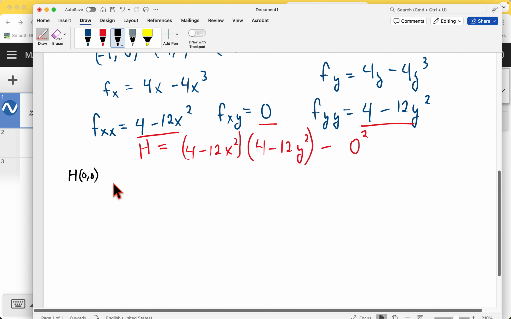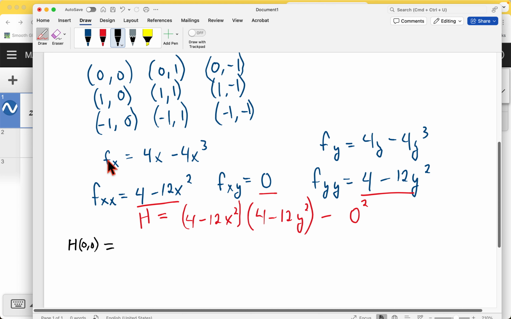That's just my own notation I made up. I haven't seen it in the book, but I think it's appropriate. We're going to plug this point into the Hessian to see what we get.